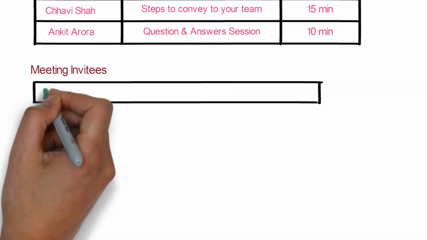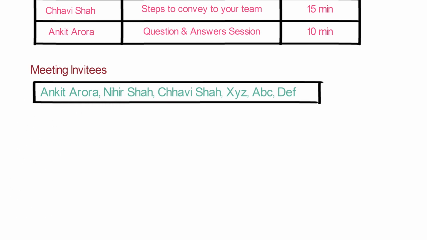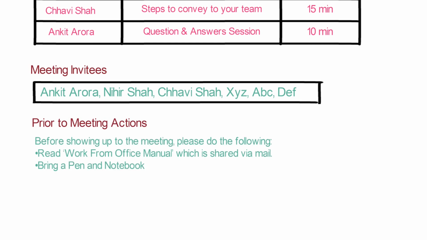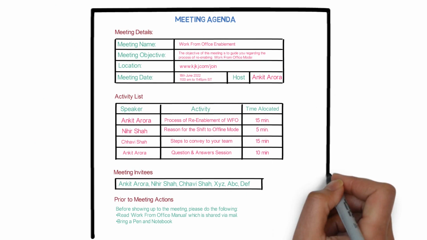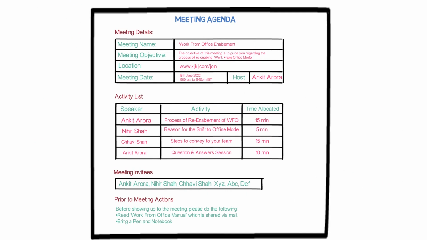And here is the list of all the invitees, including the participants as well as the guests. Finally comes the activities that need to be done before the meeting. So in this way, our meeting agenda is finally prepared. You may pause the video and look into the different sections again.